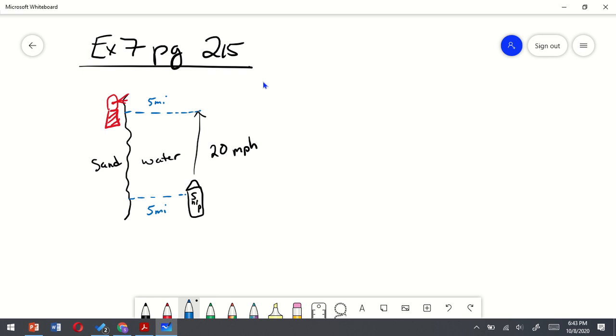That distance won't change. And it passes the lighthouse at noon. So at noon, perhaps my lighthouse should be down here based on what the question's about to ask me. So at noon, the ship is here. Later than noon, it's moved.